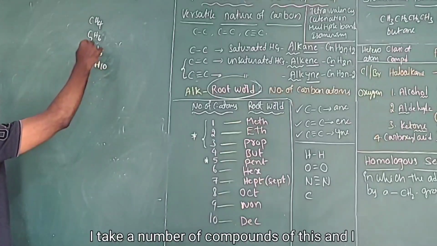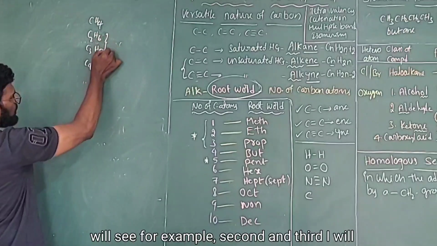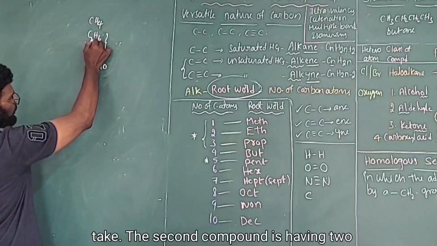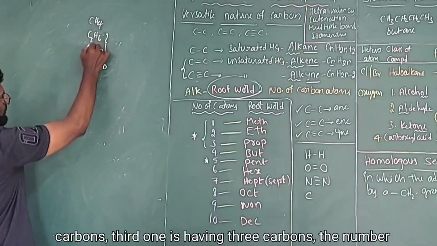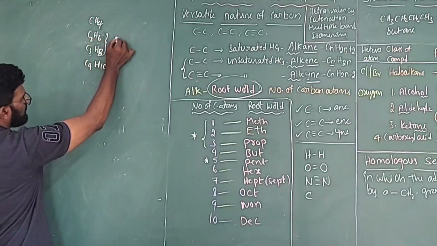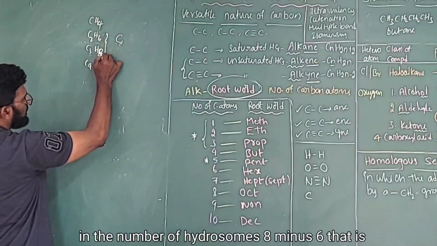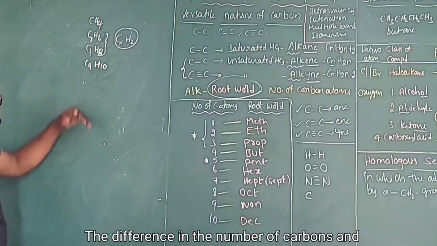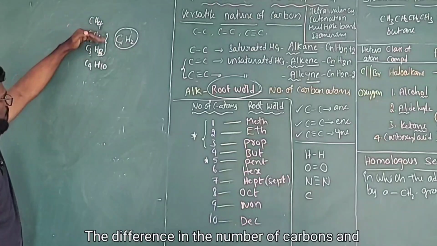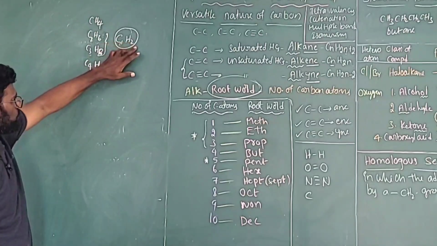You take any 2 compounds of these and see, for example, second and third I will take. The second compound is having 2 carbons, the third one is having 3 carbons. The difference in the number of carbon atoms is 1 carbon, and the difference in the number of hydrogens, 8 minus 6, is 2. That is CH2.